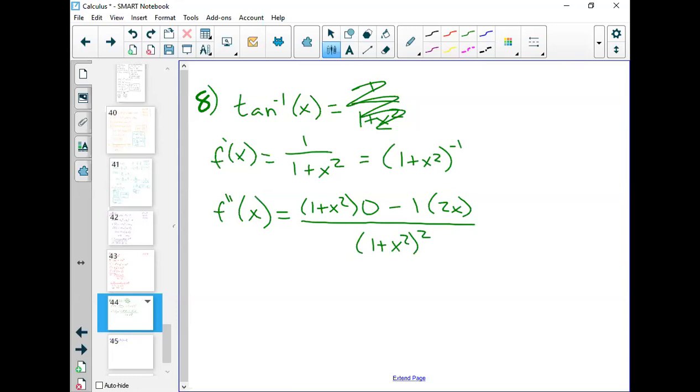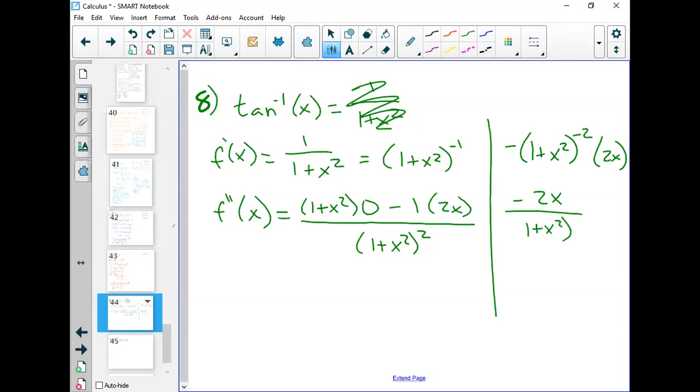That's what it's called. So if we did chain rule over here, that'd be -1 plus x squared to the power of -2 times 2x, which you see is going to come out to -2x over 1 plus x squared squared, which is exactly the same as what we have here once we simplify. So let's get rid of this because it's times 0.